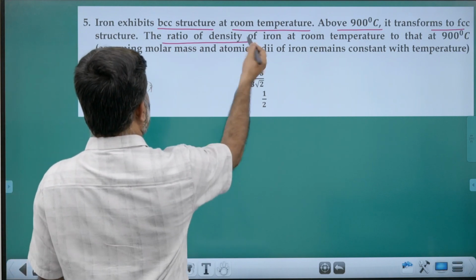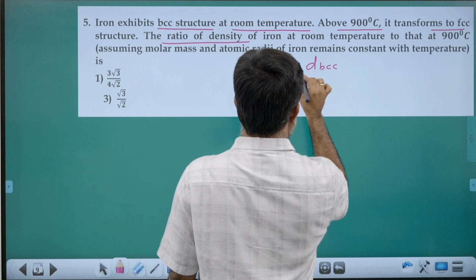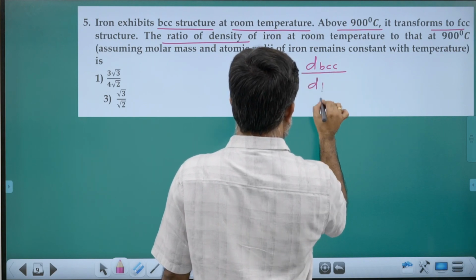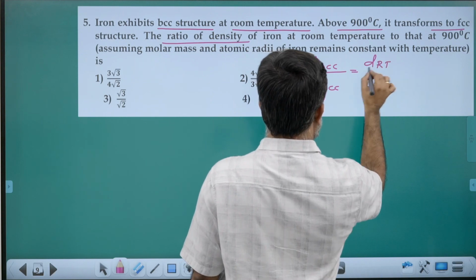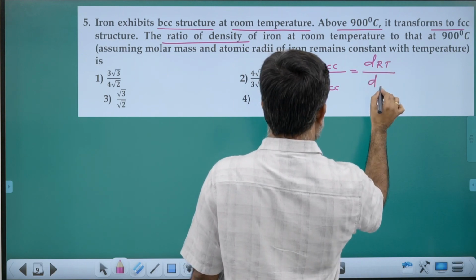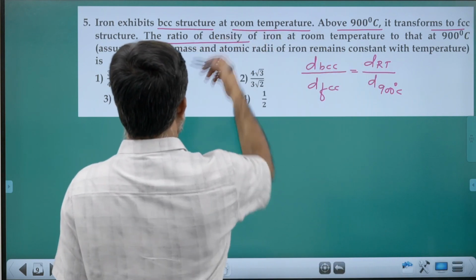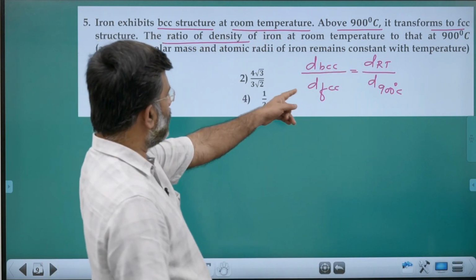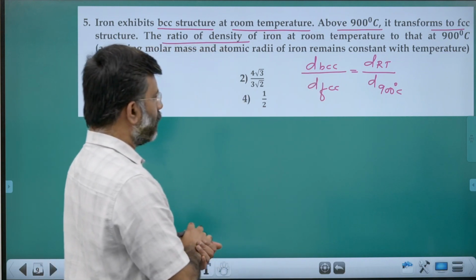So we need to find the ratio of density. That means dBCC divided by dFCC, because it is asked d room temperature by d 900 degrees Celsius. D room temperature means BCC, d 900 degrees Celsius means FCC. This is what you need to know.